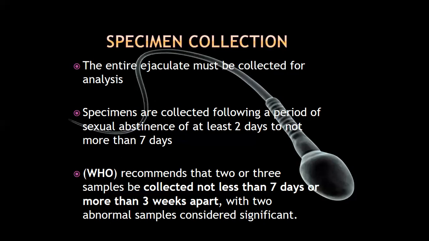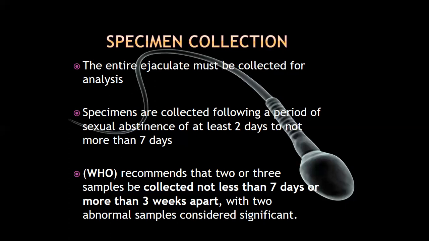When collecting the specimen, you need to collect the entire ejaculate. I think the male students can relate to this. Remember, when you ejaculate, there are portions to the ejaculate. The first portion is a smaller portion of the entire fluid that you will collect. However, that first portion of the ejaculate contains the majority of the sperm cells.